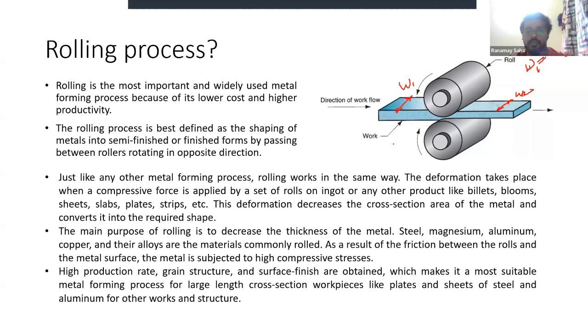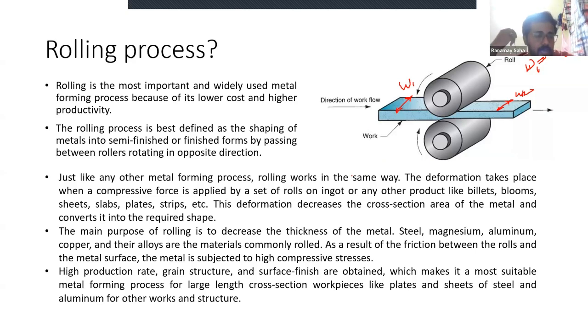However, you should note that unlike any other forming process, rolling is a volume constant process. The term is volume constancy. So the initial volume happens to be equal to your final volume.